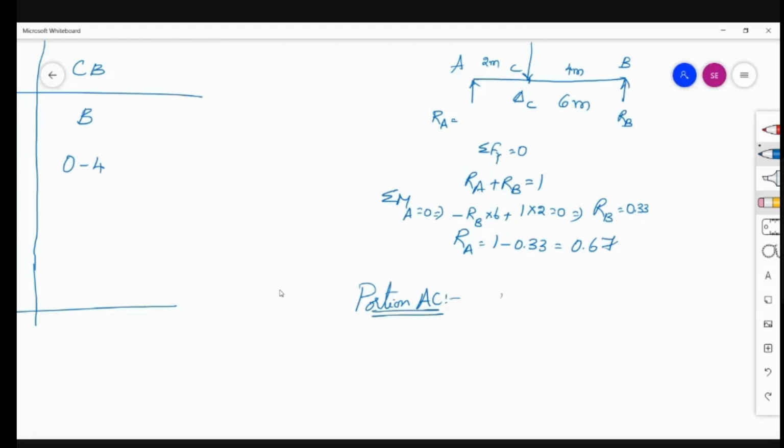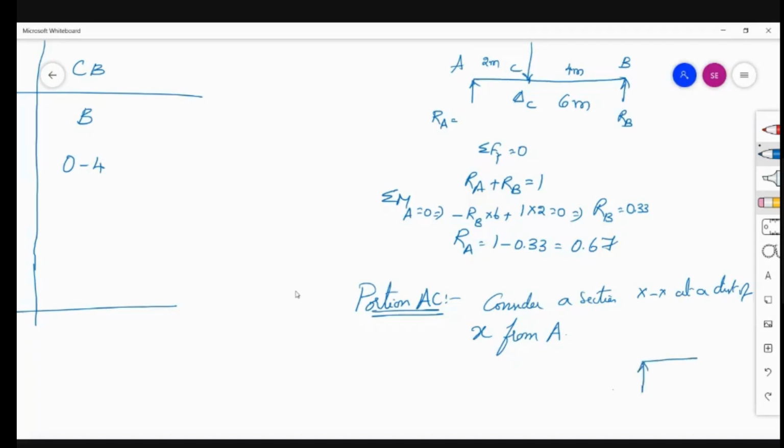What you consider is a section XX at a distance of x from A. Why? Because for portion AC, the origin is A. Hence you consider a section.